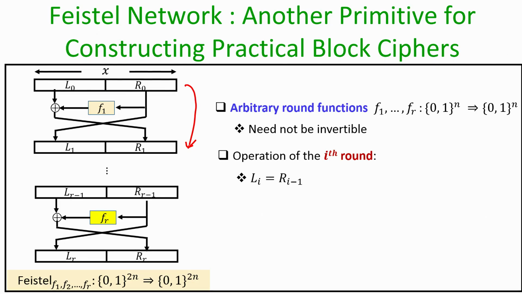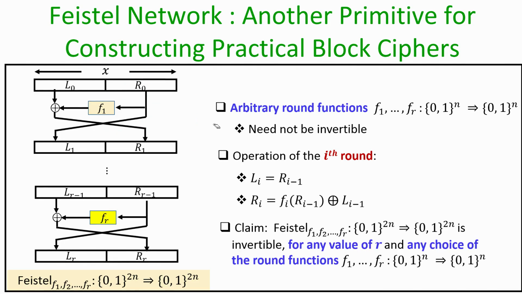My current right half, namely R0, simply goes and serves as the next L half, and I apply the current round function, namely F1, on my current right half and XOR it with my current left half to obtain the next right half. And this is what we do in every iteration. What could differ is exactly the choice of the individual round functions, but the structure of the operations that we are performing in each iteration is exactly the same.